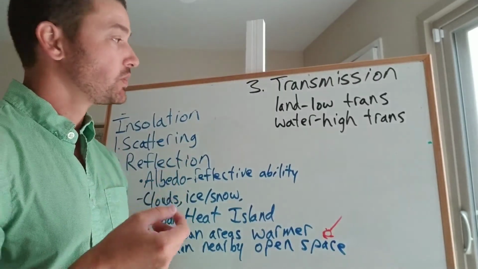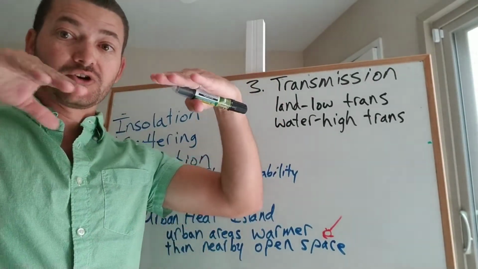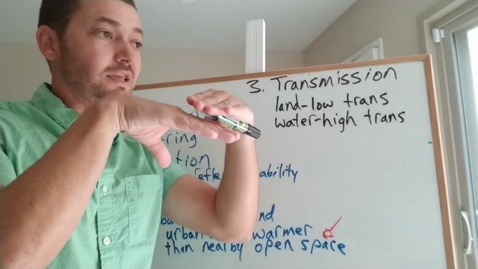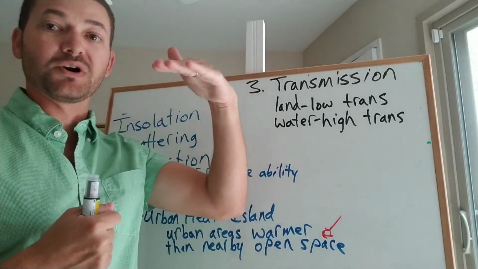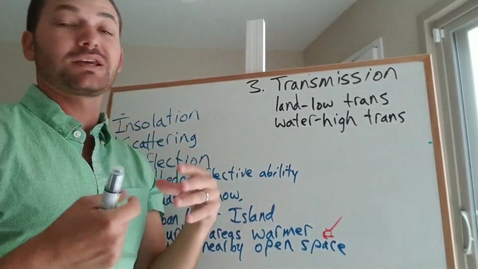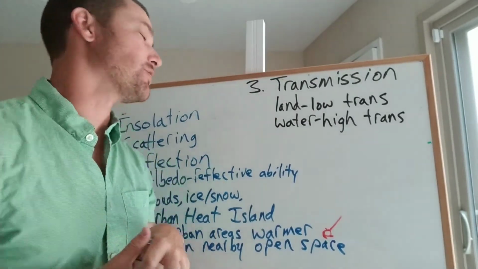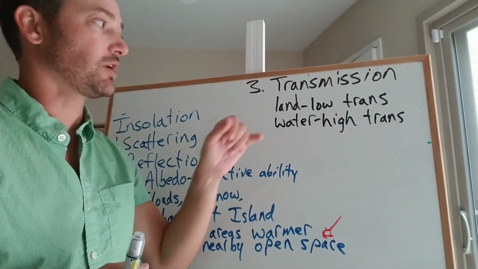You're barefoot. How do you get away from the hot sand? Well, you just stick your feet underneath the top layer of sand, and all of a sudden it's cold. You go from burning hot, melting your feet off, to 2 inches down, a nice, cool 60 degrees Fahrenheit. And again, that's because land has low transmission, water has high transmission.